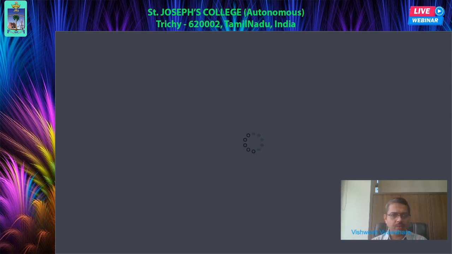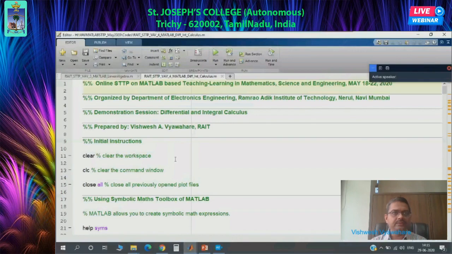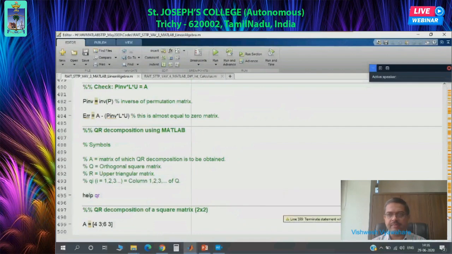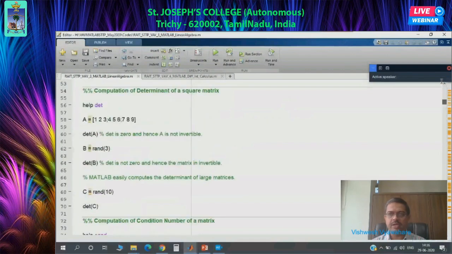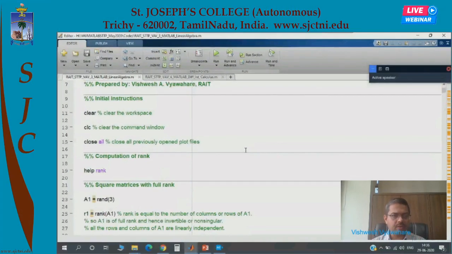Okay, so now we are going to take a very quick review of the linear algebra and differential and integral calculus, and at the same time we are also going to see something called differential equations, and Simulink.